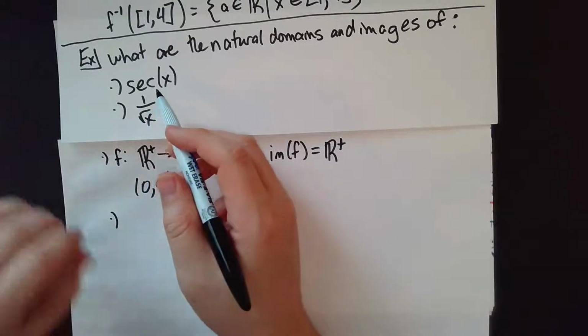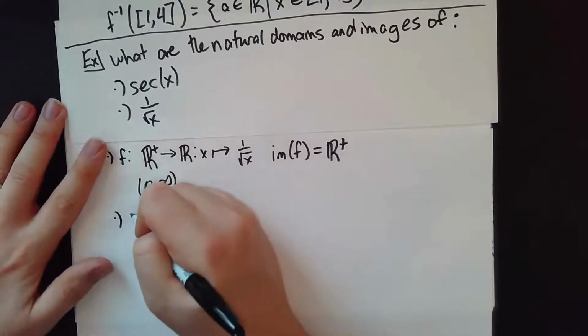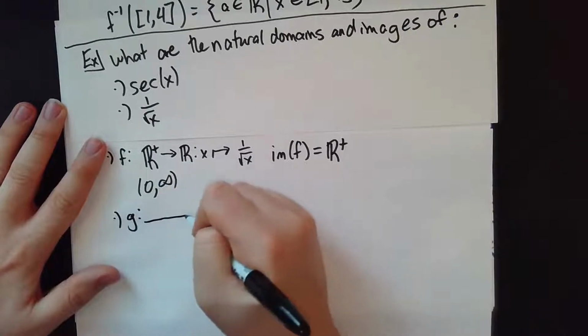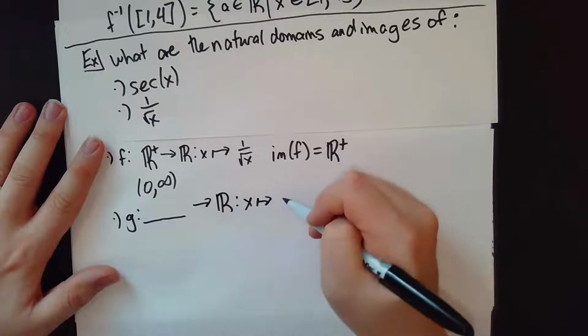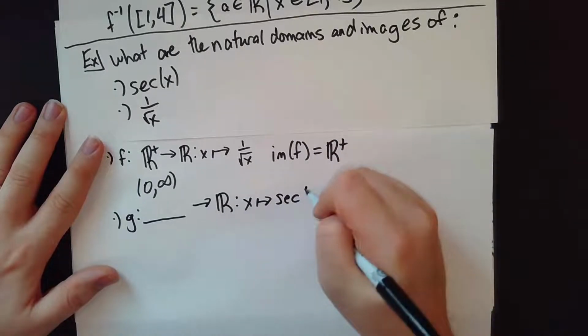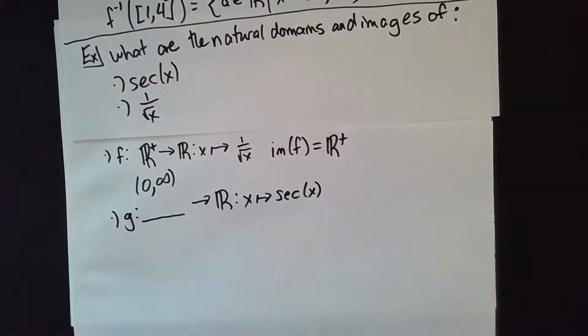Okay. So what about secant? What is its natural domain?